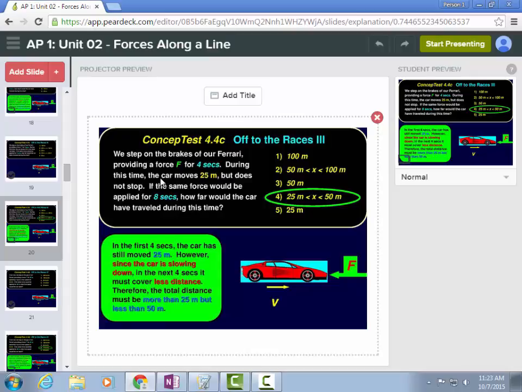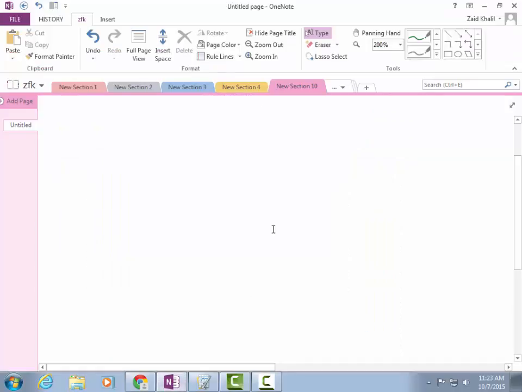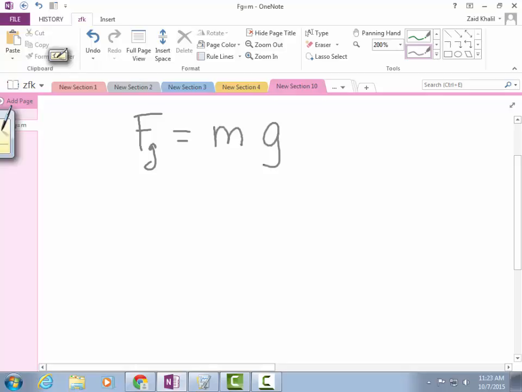So I went and I introduced you guys to weight. And I said, all right, weight is formally defined as, so Fg is formally defined as m times g. And which m is this? It's the gravitational mass.